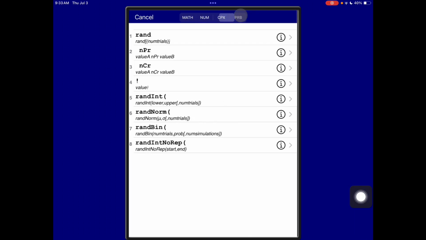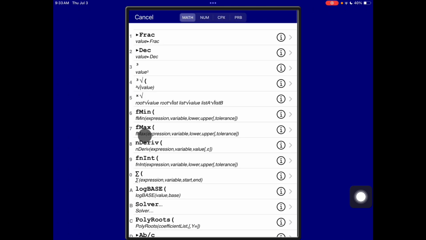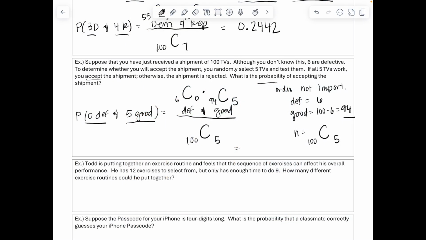I'm going to select Math, Probability, nCr, and then I have a 0. Select Enter, and this gives me the result for my numerator. But I'm going to divide this by 100 combination, so go to Math, PRB, nCr, and then 5, and select Enter. From the graphing calculator and rounding to 4 decimal places, we get 0.0034.